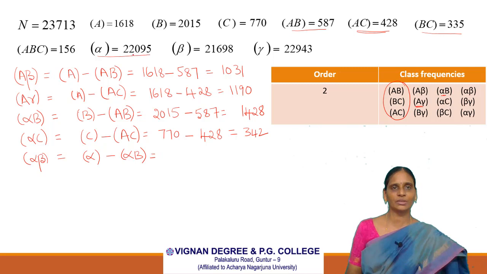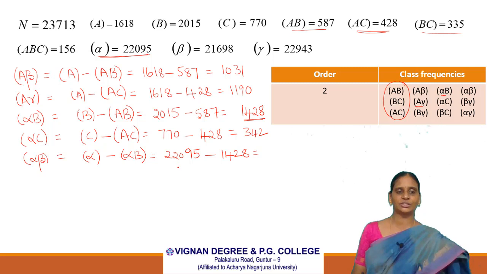The value of frequency of α is 22,095 minus frequency of αB value is 1428, and the subtraction of these two values we get 20667.